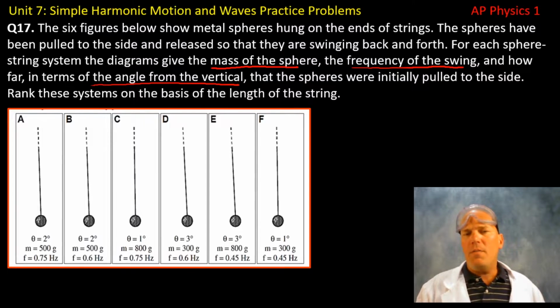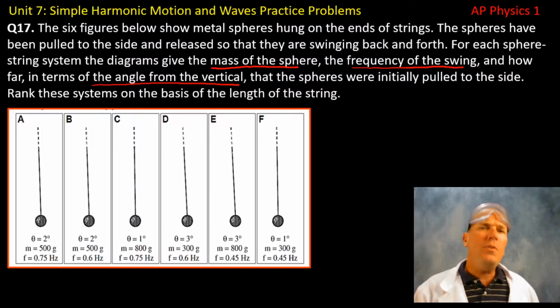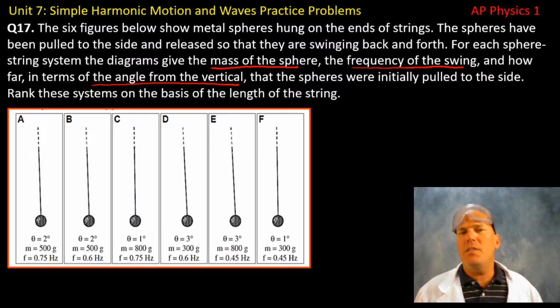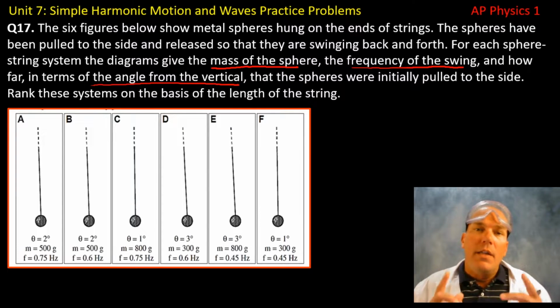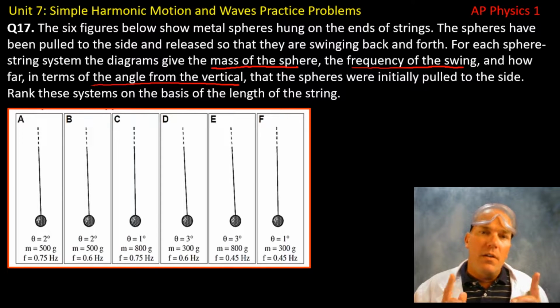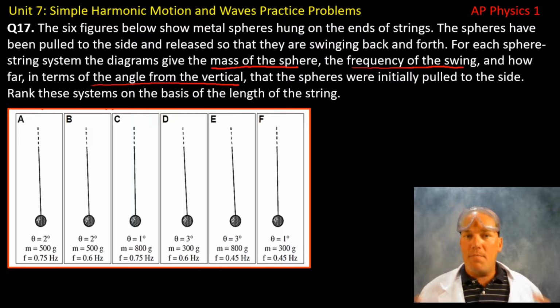The frequency of the string, and how far in terms of the angle from the vertical, the angle theta from the vertical, this is something known as the small angle approximation. The angle of deviation from the vertical for a pendulum in simple harmonic motion is independent of period and frequency.